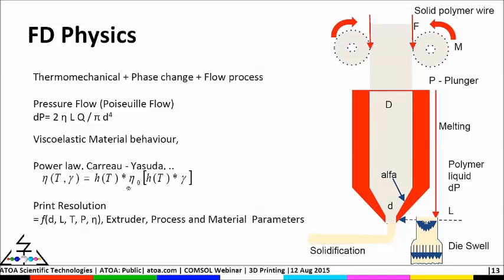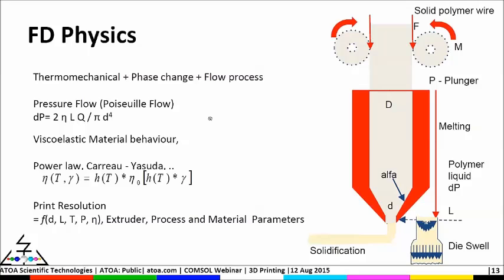This is critical material behavior for modeling effects like die swell, which happens inside the die. Even if you set the die extrusion width to say 0.4 mm, the actual product will be deposited at more than 0.5 mm due to the viscoelastic effect. It's important to understand and model this to make the products right.